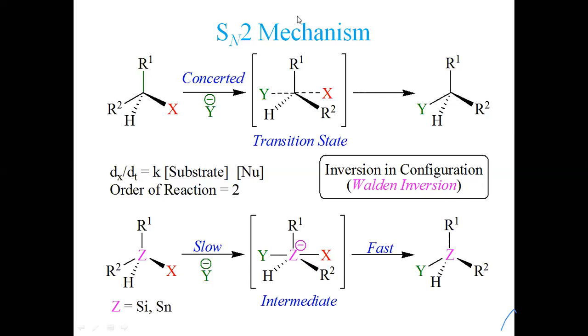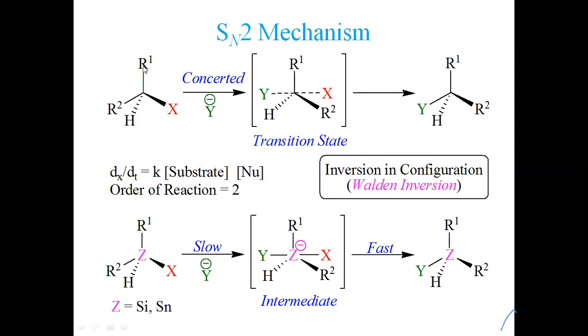If R2 is not hydrogen, if it is an alkyl group as well, then it is not 100% going through SN2 mechanism. You shall see these studies in mixed SN1, SN2 and in ion pair reactions in much more detail later. But at the moment I shall say primary carbon.